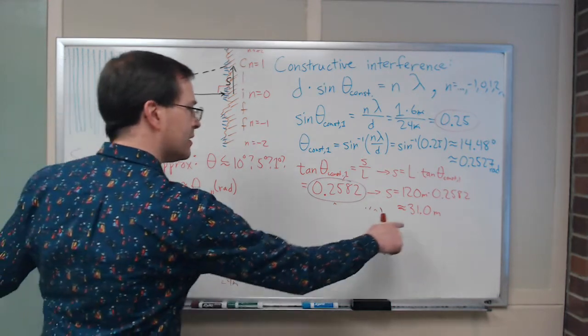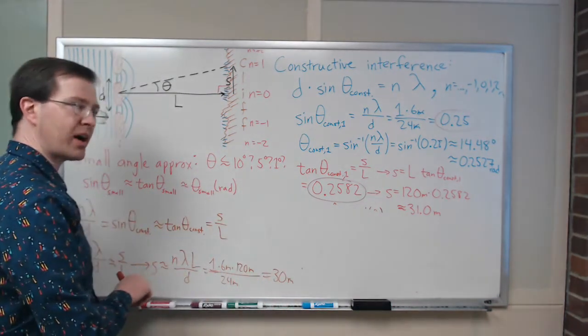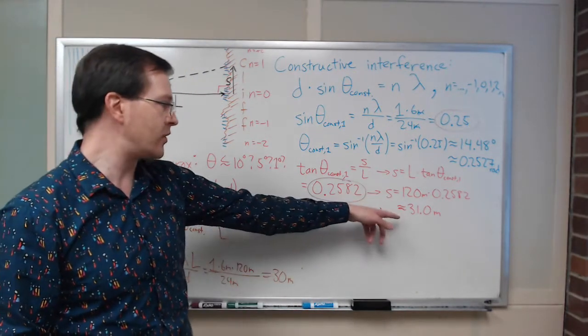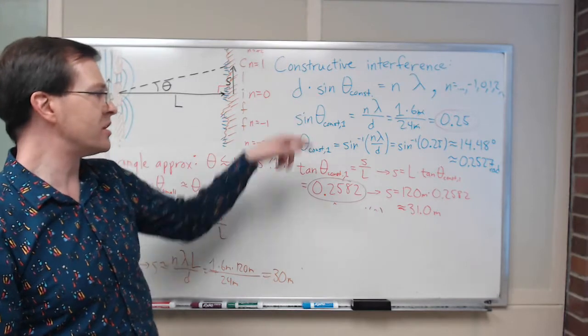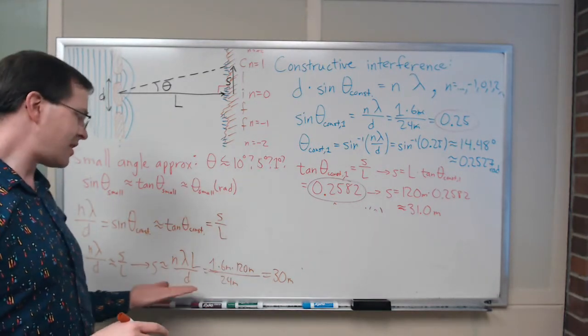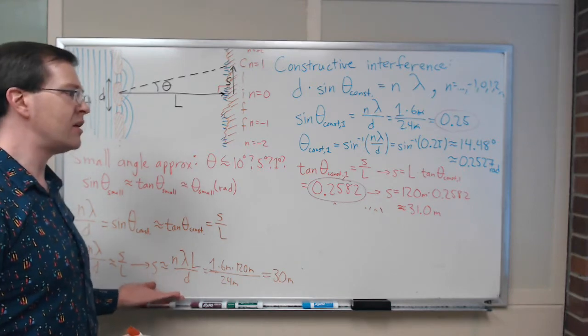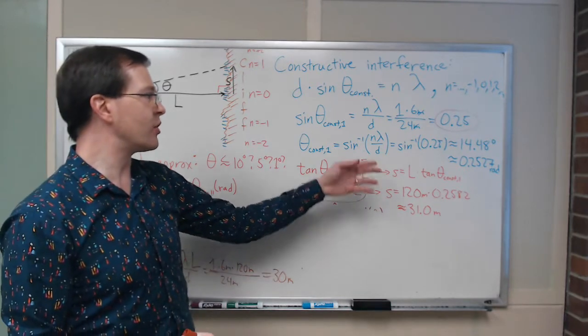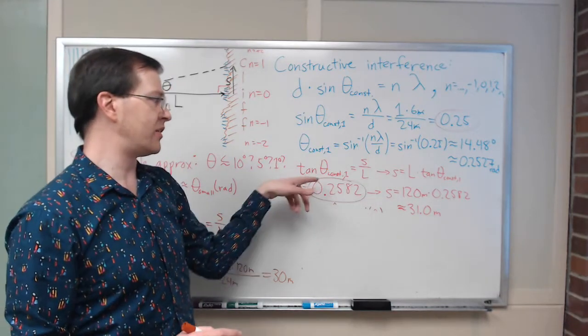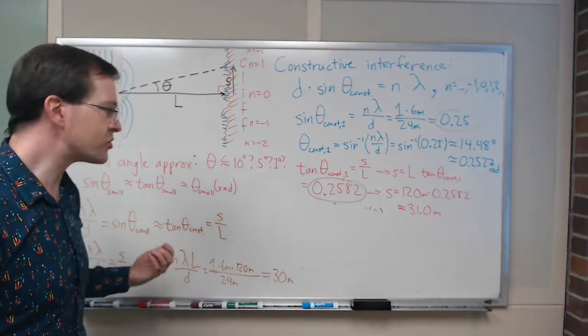And you can see it's pretty close. 30 meters is my approximation, 31 meters is the correct answer, the more accurate answer using the full equation. So even for 14 degrees or so, this approximation holds pretty well. But to really get it right, I needed to do the full angle version with the inverse sine and finding the angle and then finding the tangent of that. So those are two ways of doing it.